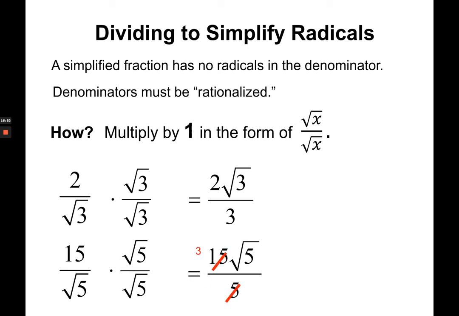And so, our answer is just 3 square root of 5. It's a little tricky. You just need to watch out if it's still possible to simplify. Either you can simplify the radicals because there's a factor that is a perfect power based on the roots, or the coefficients are possible to simplify.